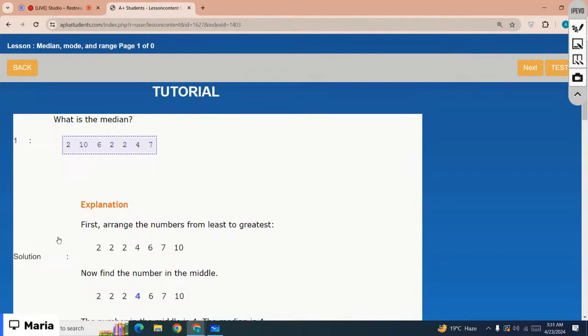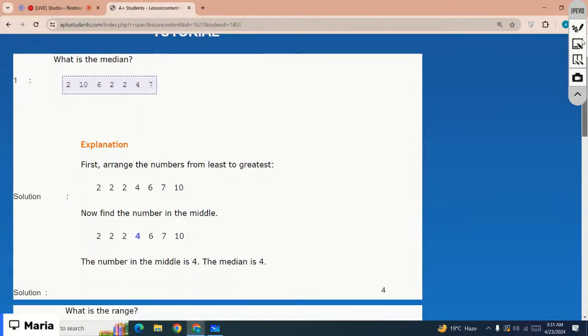What is the median? So median is exactly the middle number, right? That divides the data into two equal groups. So first thing is whenever you need to find the median, arrange the numbers from least to greatest.